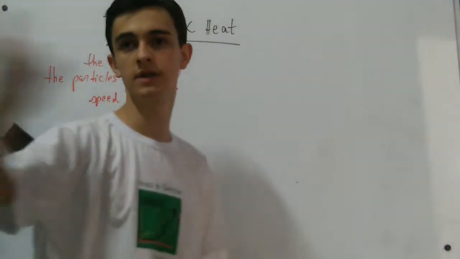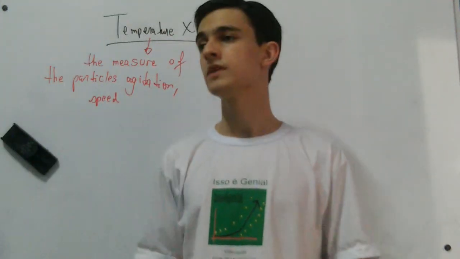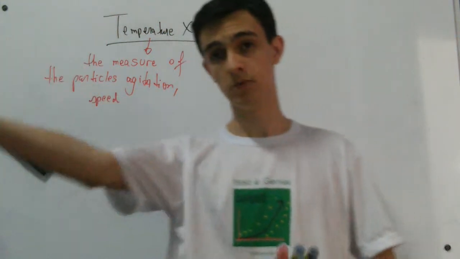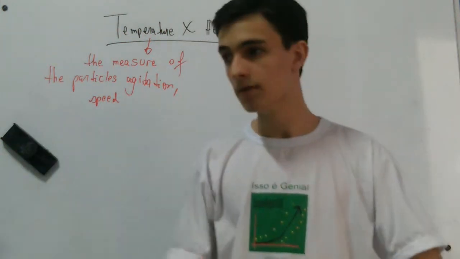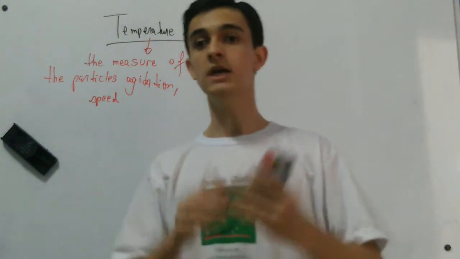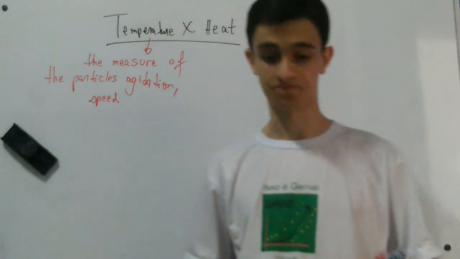If you have boiling water and an ice cube, boiling water is hotter. And this means what? Well, the molecules of the boiling water are the same molecules as in the ice cube. They are both water. All the molecules of boiling water and ice cube are made of 2 atoms of hydrogen and 1 atom of oxygen.